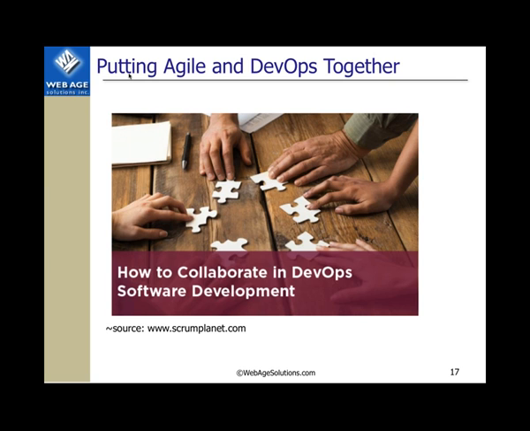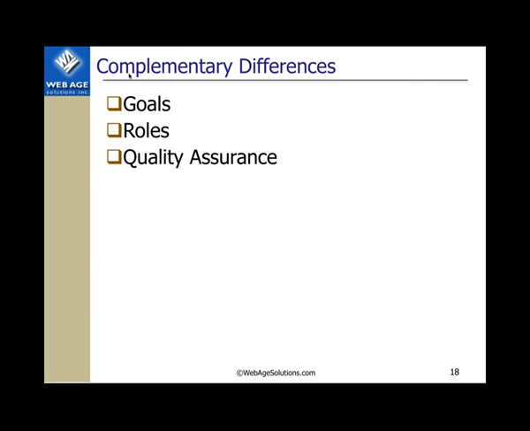So how then do we get the most from both Agile and DevOps? Well, it's largely an issue of collaboration. Okay? So we have to design processes and mindsets and attitudes of people to enable these traditionally separate areas of development and operations to work effectively together.